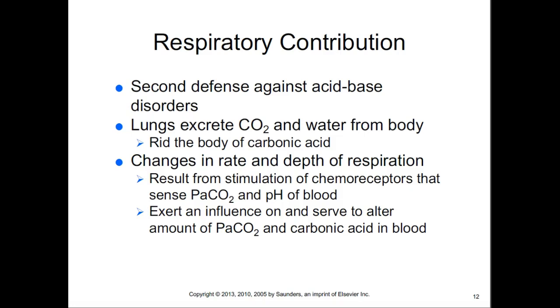So changes in rate and depth of respiration can actually result from stimulation of chemoreceptors that detect the partial pressure of carbonic acid and the pH of our blood, right?